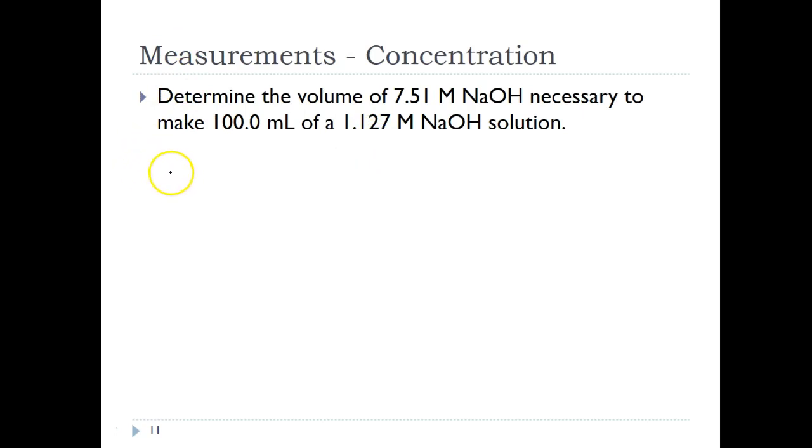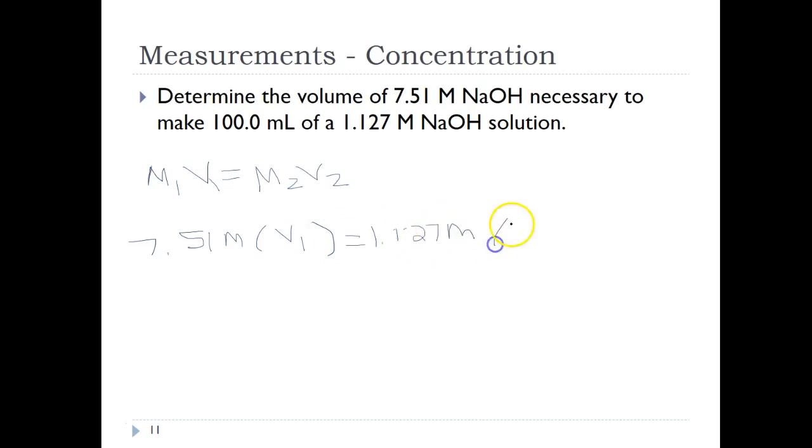So I'm going to call the 1's my concentrated side and the 2's my diluted side. The concentrated side is the one with the highest molarity. So 7.51 is my highest molarity. So if I'm going to do M1V1 equals M2V2, then 7.51 molarity times the volume that I don't know will get me 1.127 molarity, 100.0 milliliters.